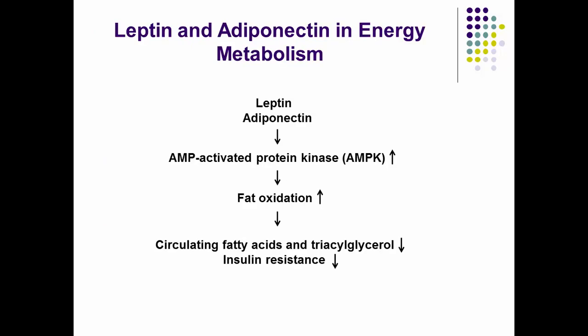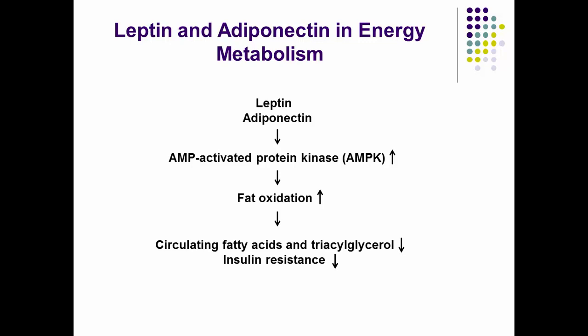And here I wanted to talk a little bit more about the molecular mechanism of how leptin and adiponectin stimulate fat oxidation, right? So this is a general pathway. Try to remember this AMPK. We mentioned this kinase before, right? AMPK is the important enzyme that can be activated by leptin and adiponectin, and AMPK is the key enzyme that controls fat oxidation, right?